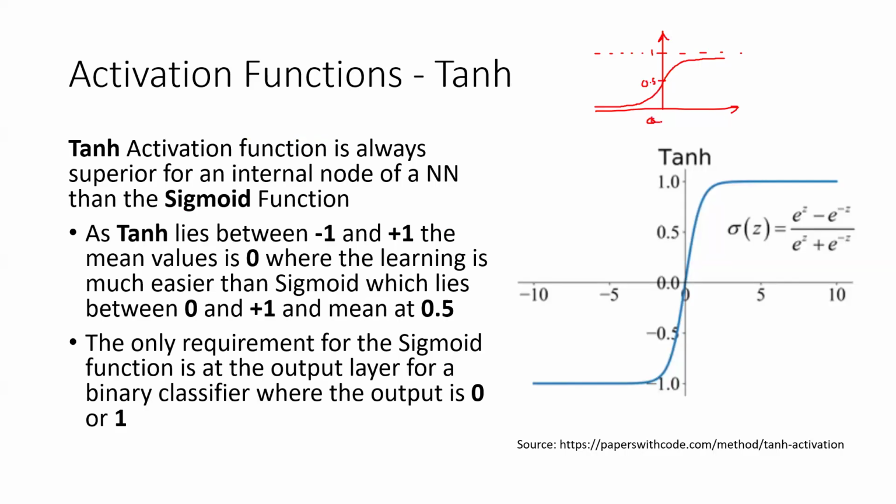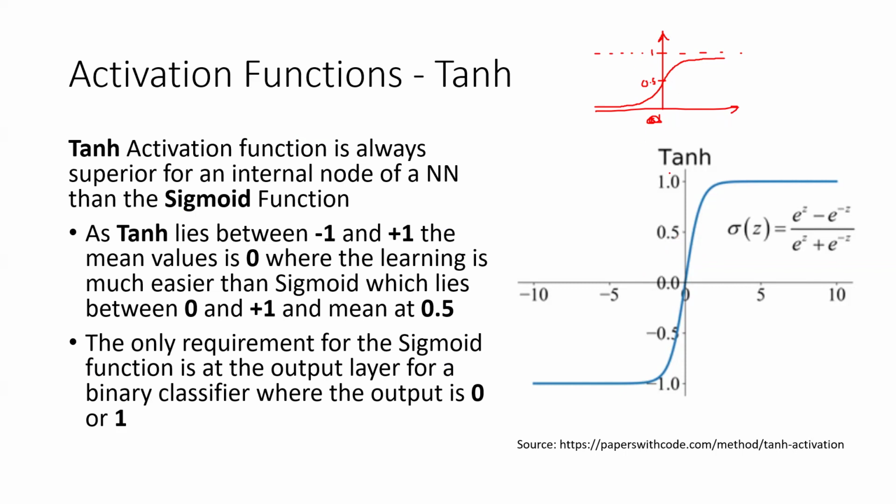At the 0 point, the z value, sorry, the output value, the activation value would be 0.5. This is the nature of the sigmoid function.